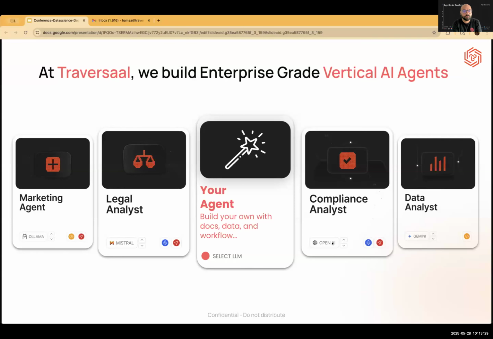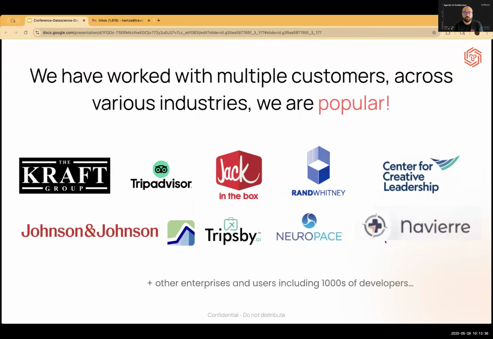It reduces the overall error in the dependency on LLMs. And we work with a ton of customers across the US, and we've been trying to help build them enterprise agents that can solve different problems for them, and that's what we're doing.